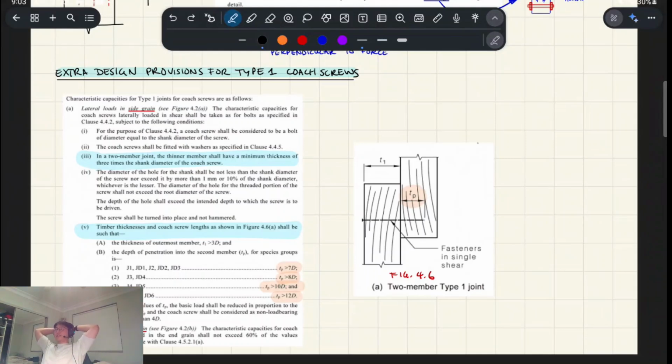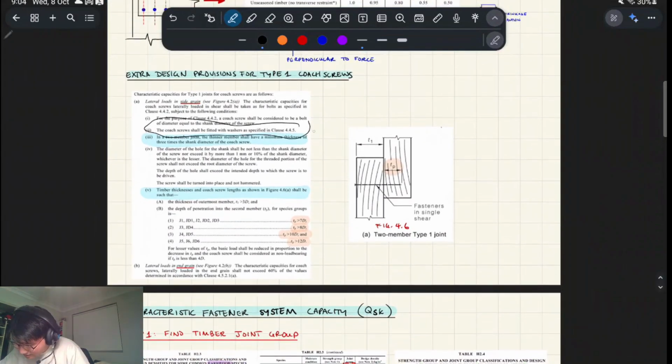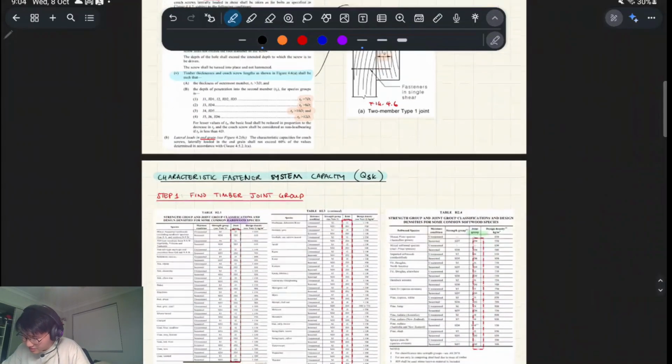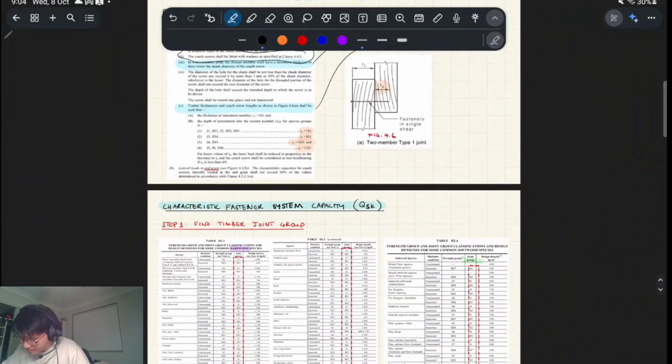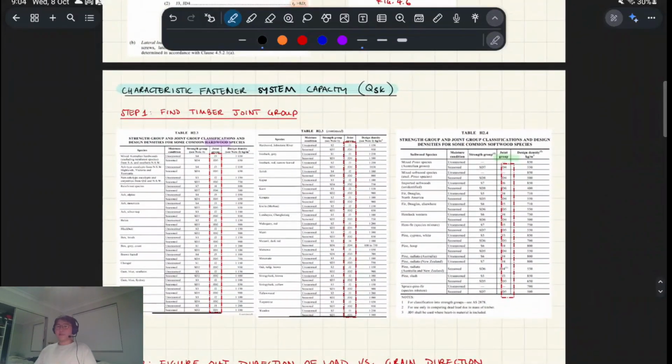You should always have washers when you're using coach screws. That's one of the provisions. And then minimum thicknesses, and things you should be specifying when you're setting up your design. I just included that in case you need it for whatever reason.